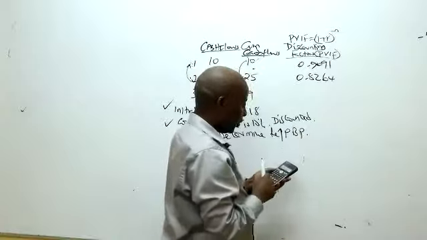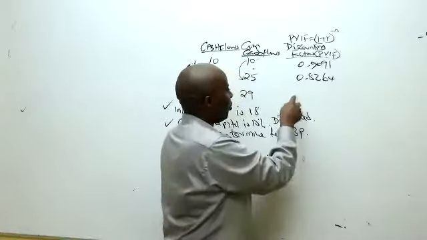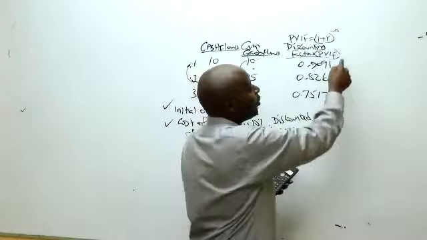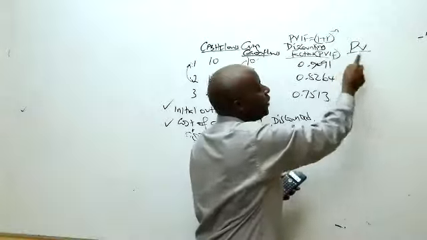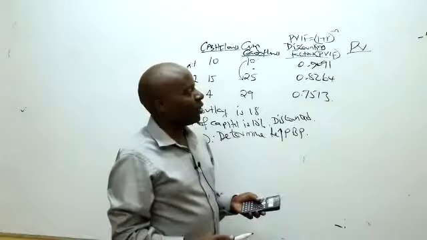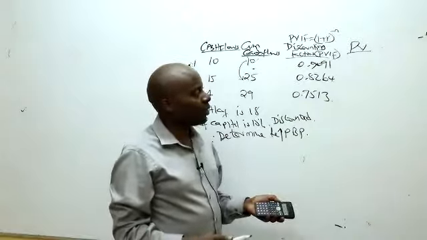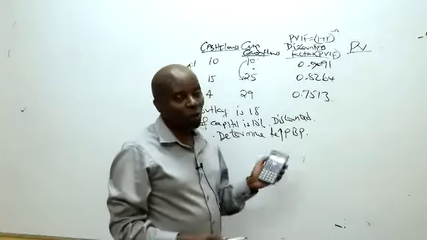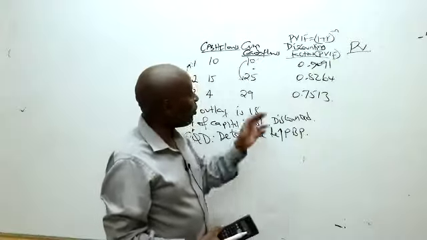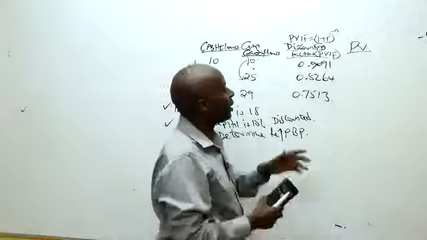Raised to power 3, which will give me 0.7513. And then you come and create a column of discounted cash flows, where you discount now your cash flows. Discounted cash flows are also known as what here? Present values.